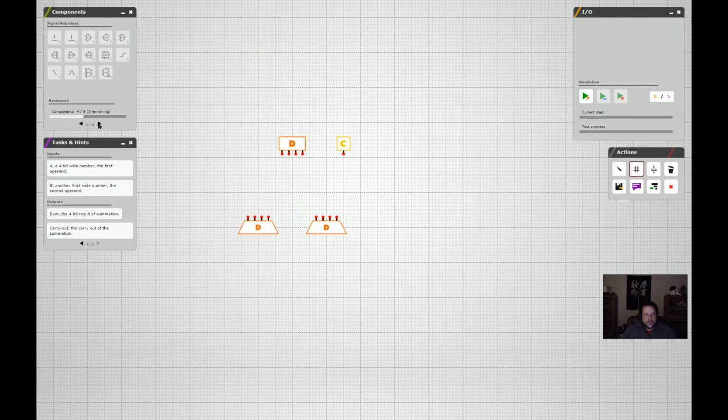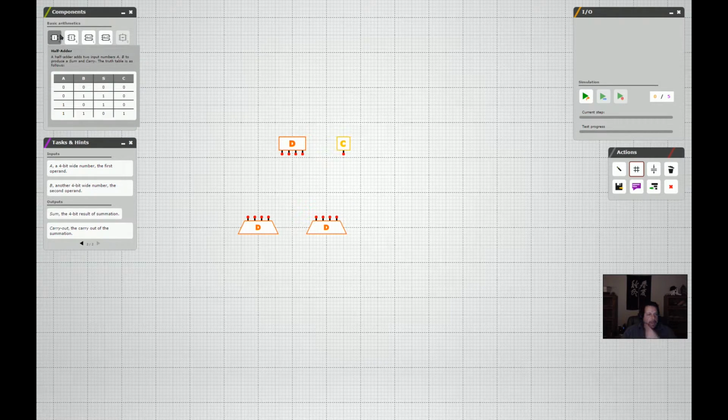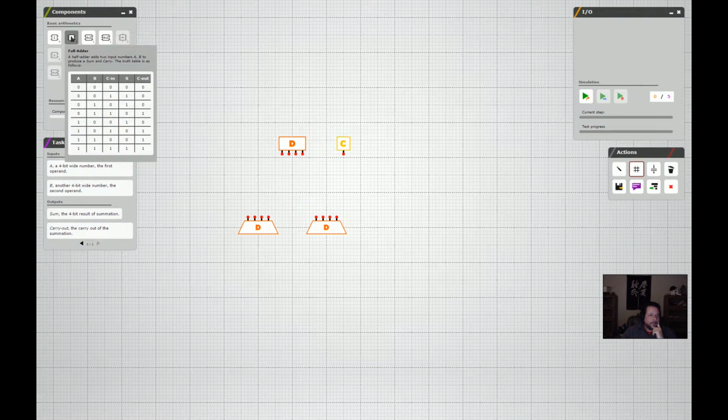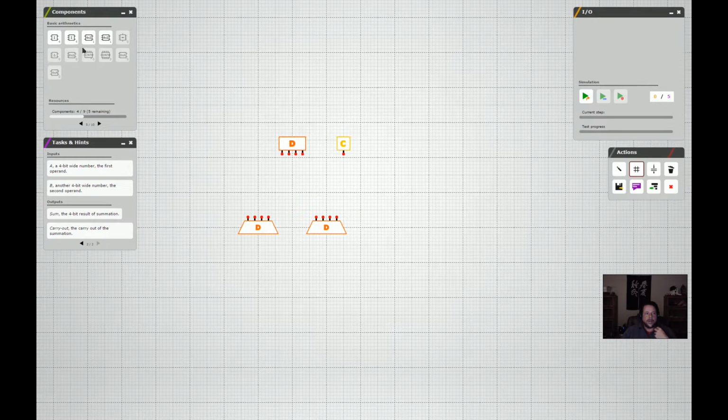But there are some new gadgets to look at right here. We've got a half adder, which adds 2 input numbers A and B to produce a sum and carry. Here's a full adder, which adds 2 numbers to give us sum and carry, but it also includes a carry in. And then here's our 4-bit half adder.